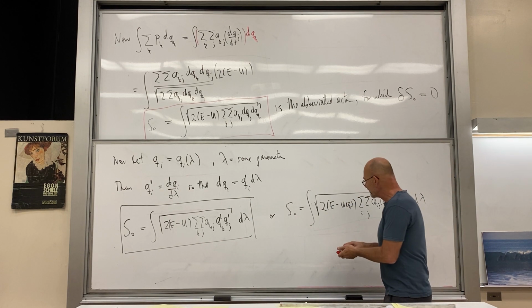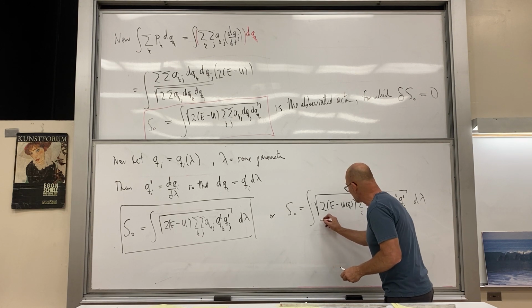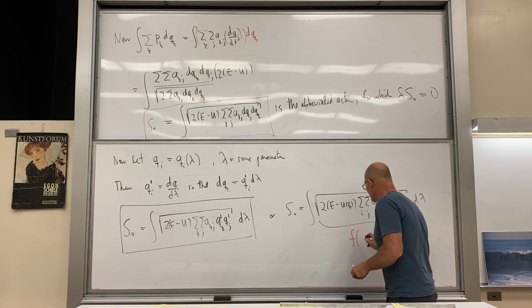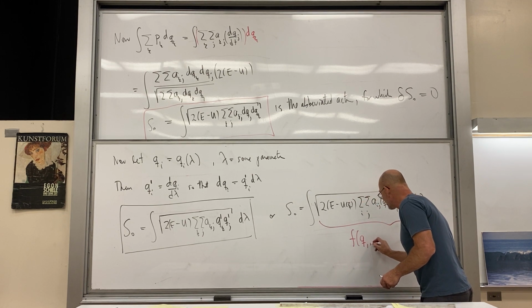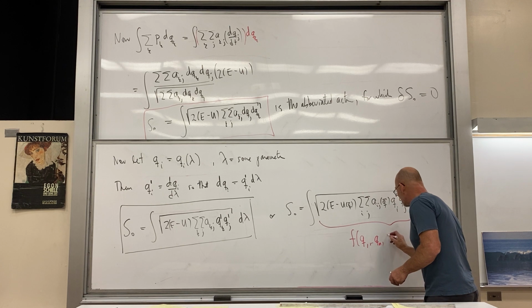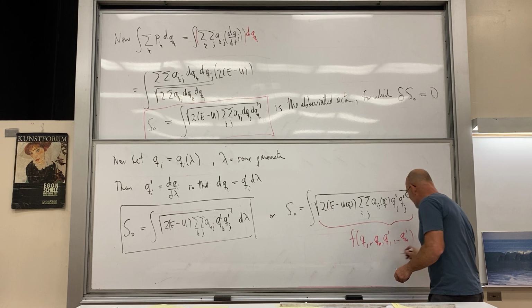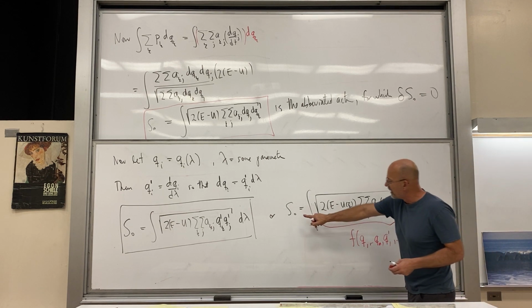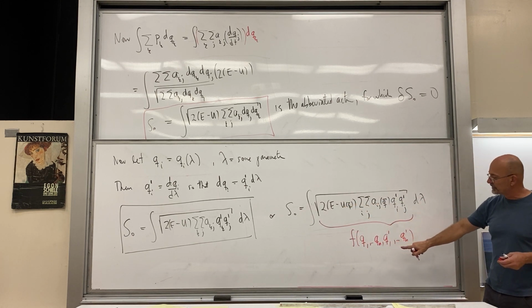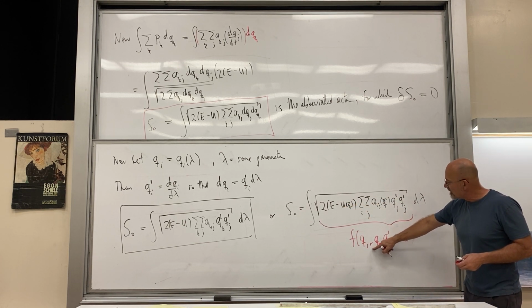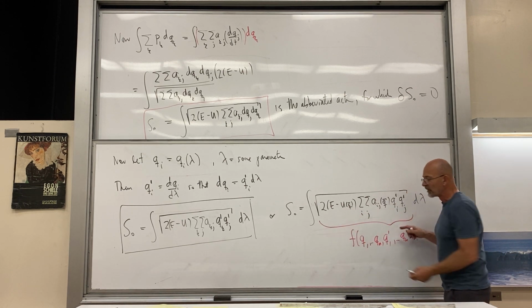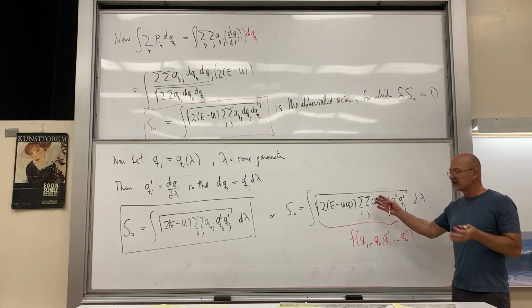Okay, because what we have here, to get to the punchline, we have f of q1 to qn, q1 prime to qn prime. And when we have an object like that with a variational principle, then actually the Euler-Lagrange equations of this thing in the red bracket are the differential equations.